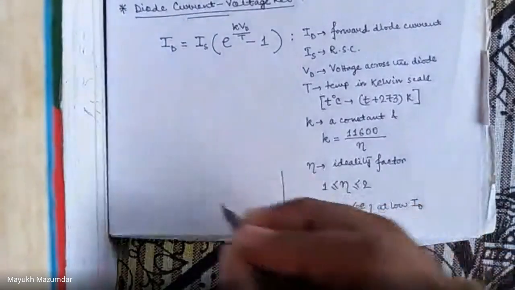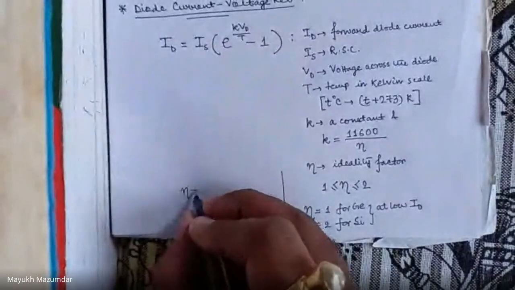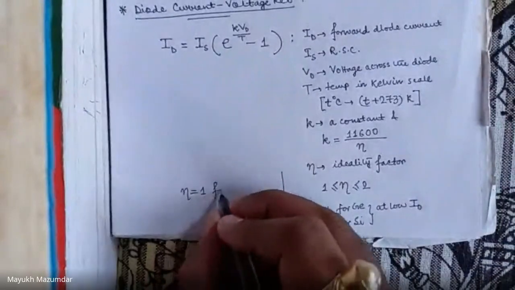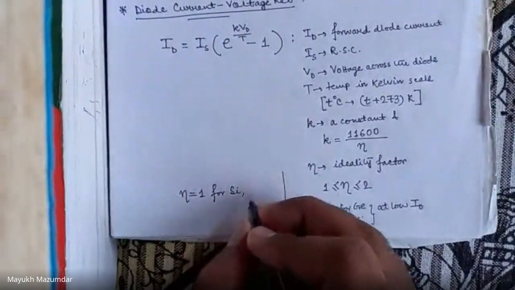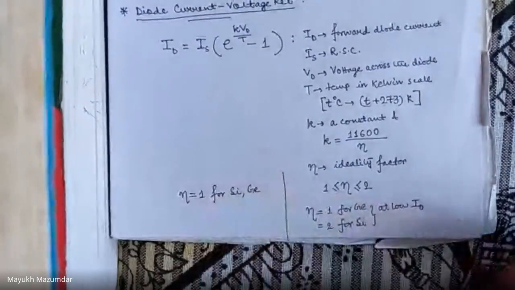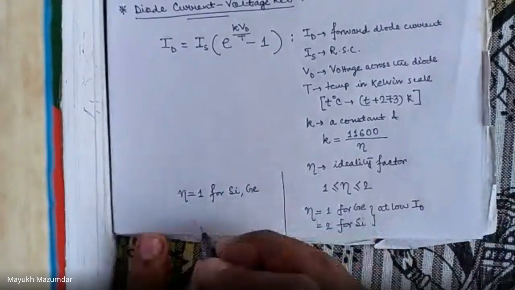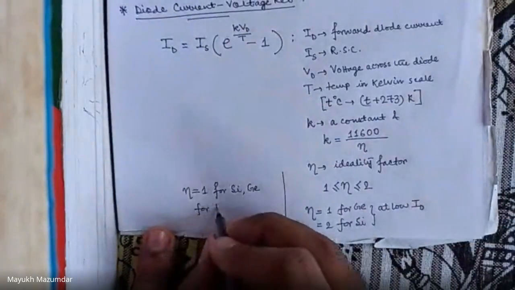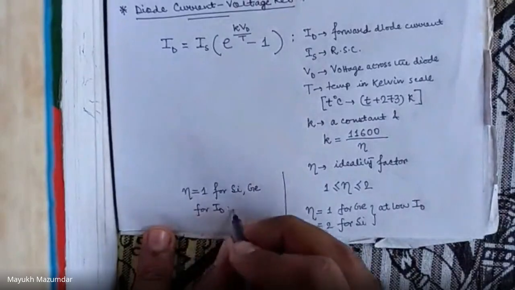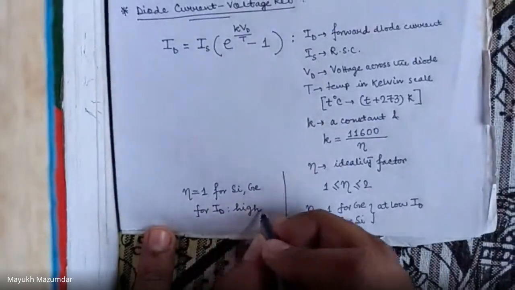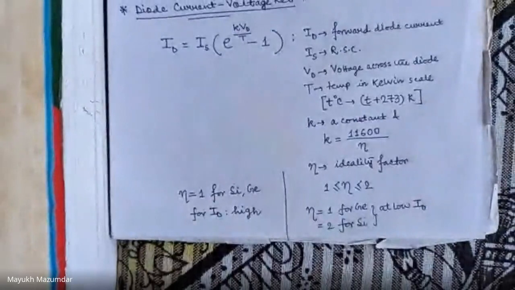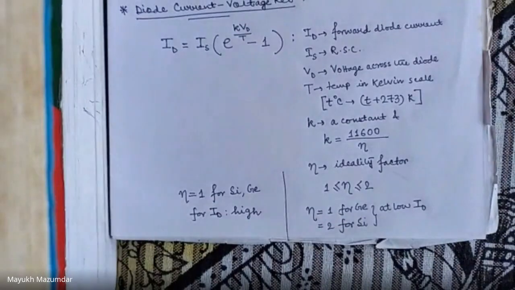And when your diode current ID is high, you have to use 1 for both silicon and germanium. Basically, it is a constant. Got it?